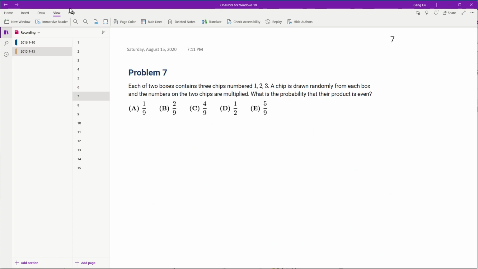Problem 7. Each of two boxes contains 3 chips numbered 1 to 3. A chip is drawn randomly from each box, and the numbers on the 2 chips are multiplied. What is the probability that their product is even? So we're going to list a complete matrix of the results: 1, 2, 3 and 1, 2, 3.